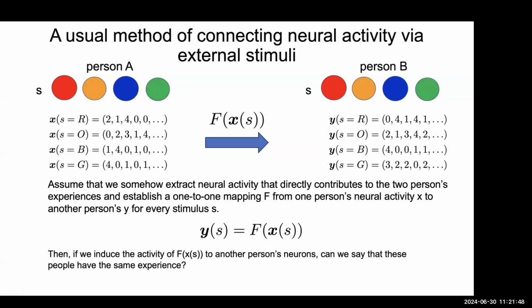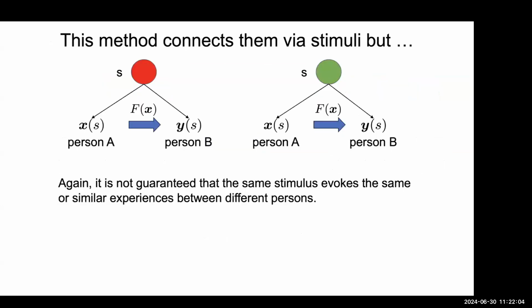But let's assume that we establish this mapping. If we induce the activity f(X) in another person's neurons, can we say that these people have the same experience? This is actually no. Again, as I argued, it is not guaranteed that the same stimulus evokes the same or similar experiences between different people.